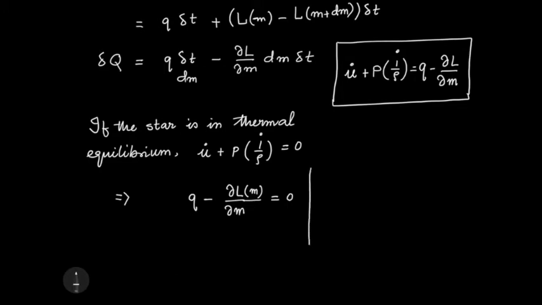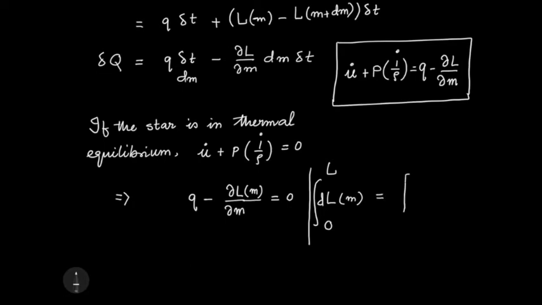So I can calculate now L. I can do the integral over L. At the center, obviously, the luminosity is 0. At the edge of the star, the luminosity is that of the star. So that I call capital L only. It's a number, not a function.